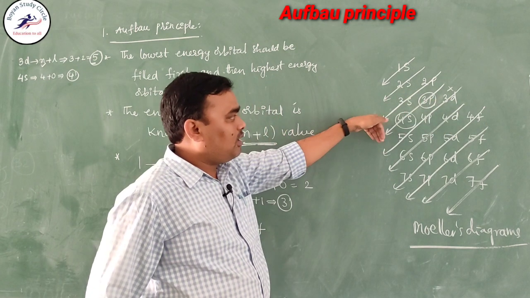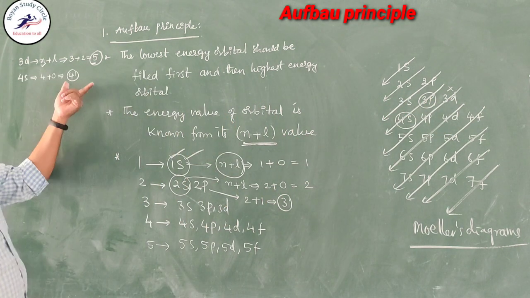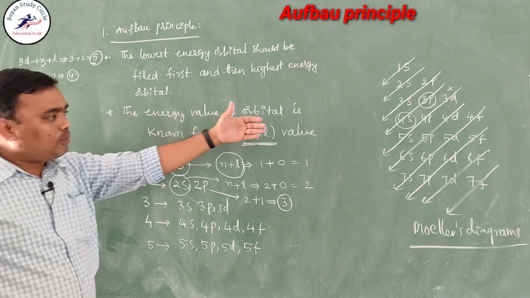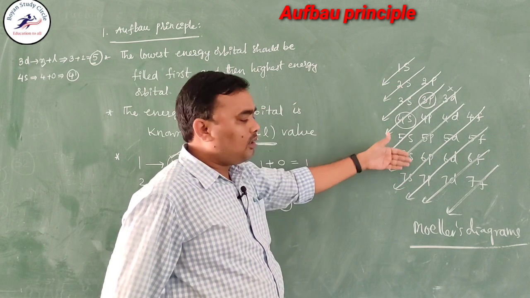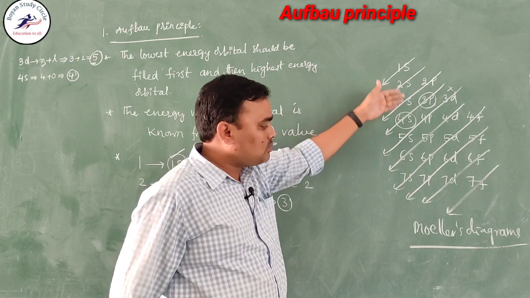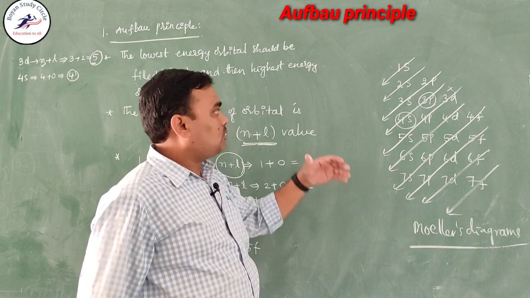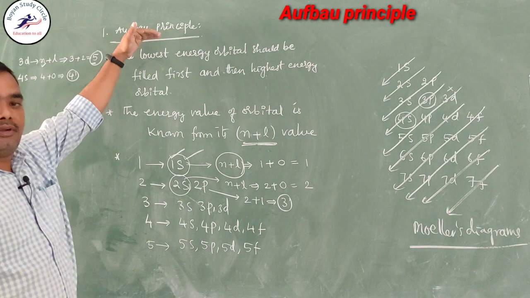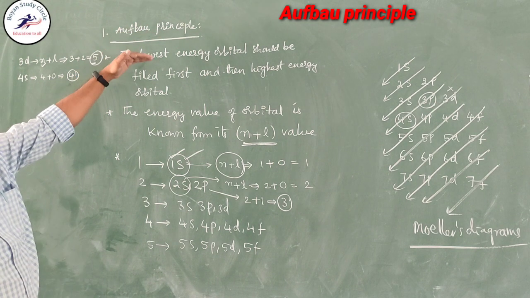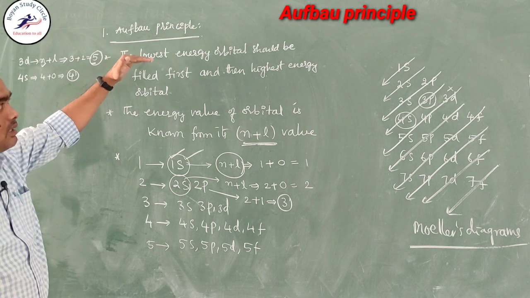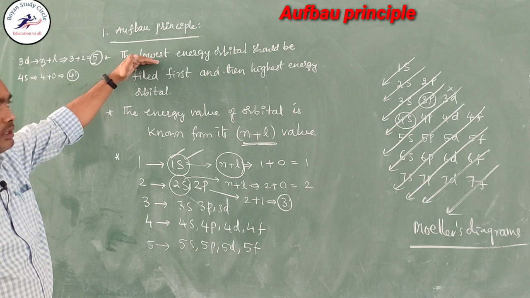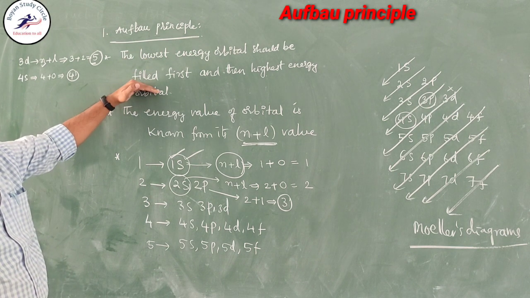So, this is the way, that means according to the n plus L value, orbitals are arranged according to their energy value. So, using the Moeller diagram, you can fill the electrons. Okay. So, this is the Aufbau principle, right. Aufbau principle says that lowest energy orbital should be filled first, then highest energy orbital, right.